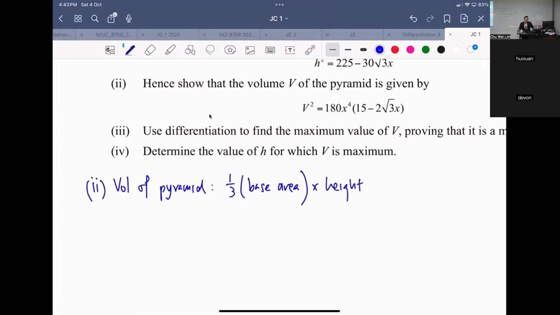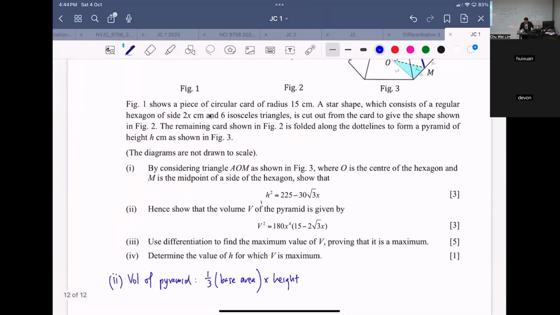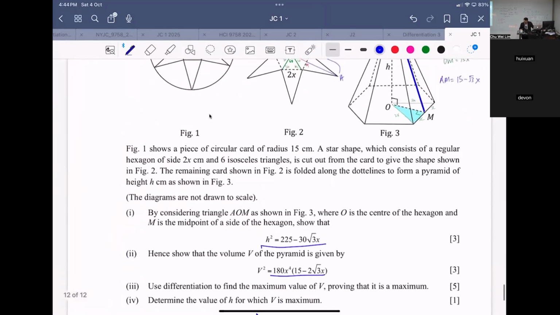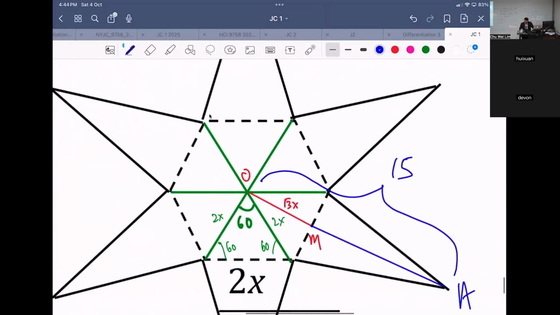Okay, so once you have found H already, you need to find the volume. You have to calculate the area of the hexagon, so this area here.